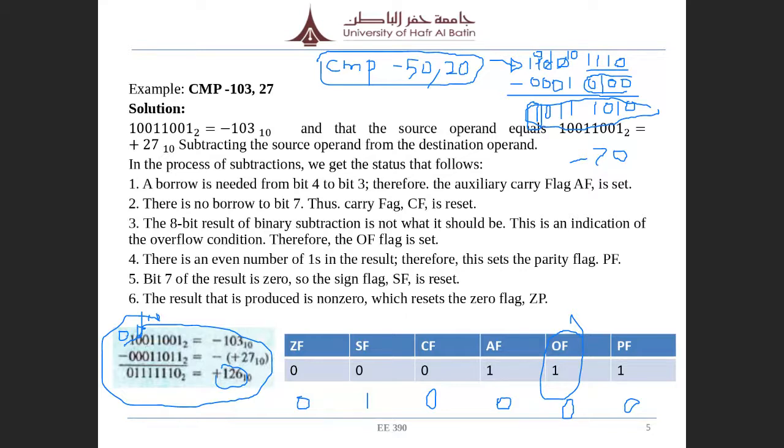All right, guys, it is clear. What about the other guys? Is it okay? So this page is about the flag bits during the compare operation or subtraction, whatever it is.